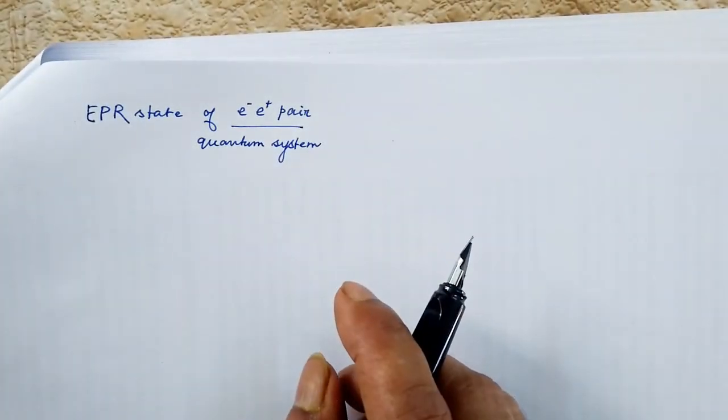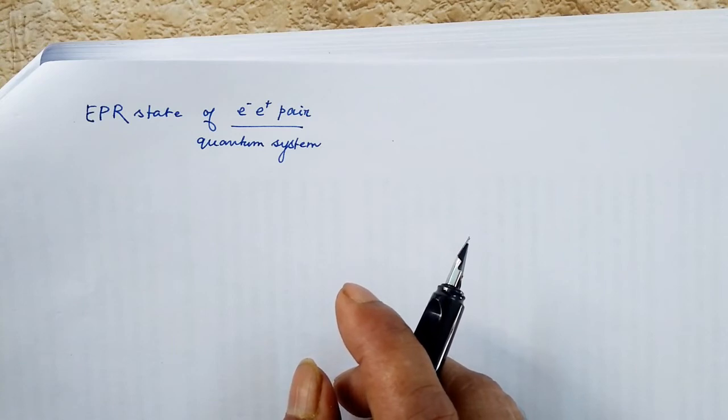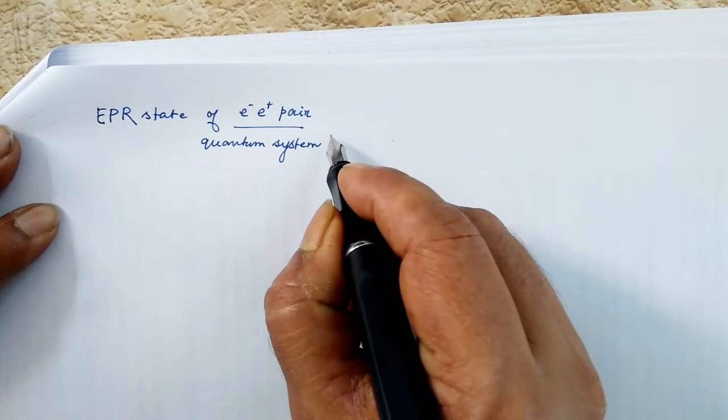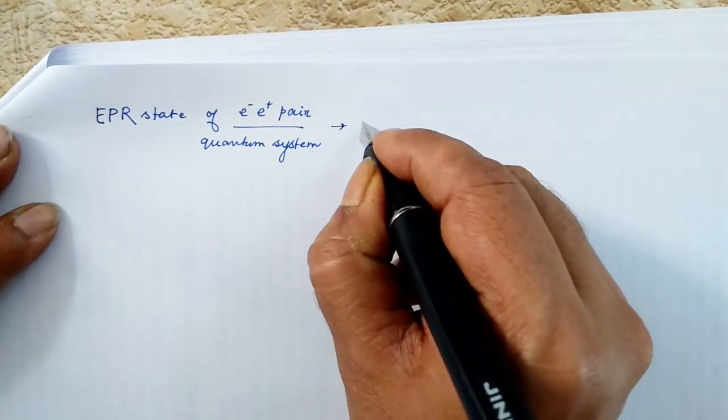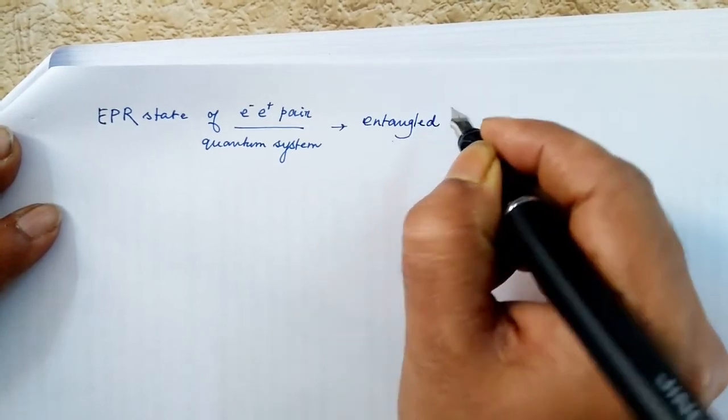Okay, so this state is really, we have a name for such a state. We call this state an entangled state.